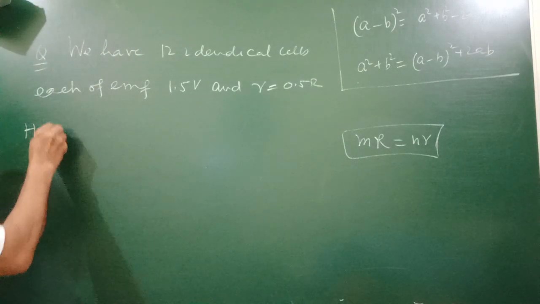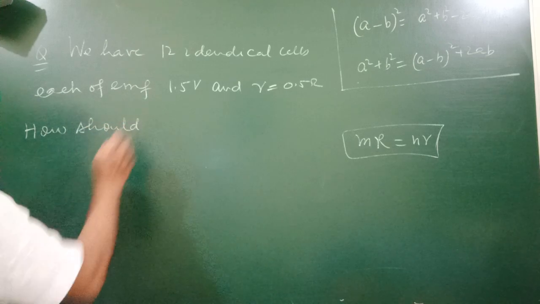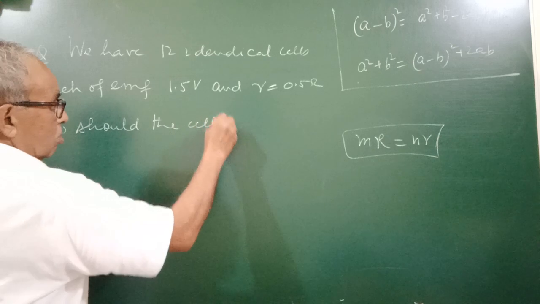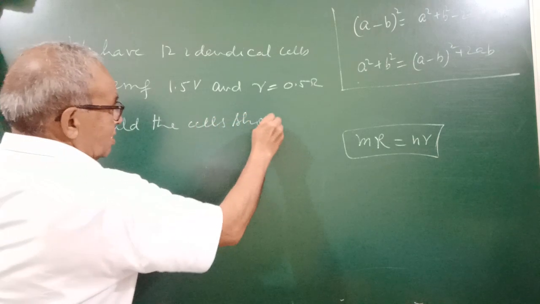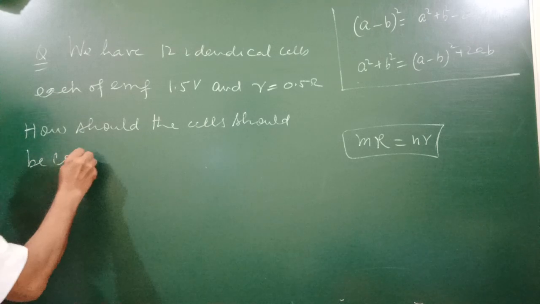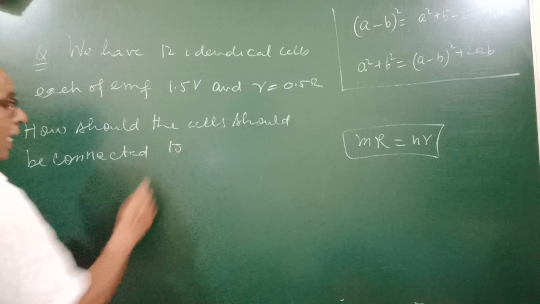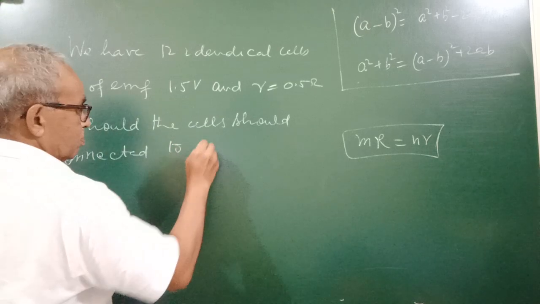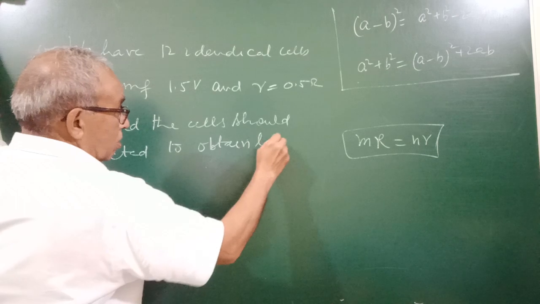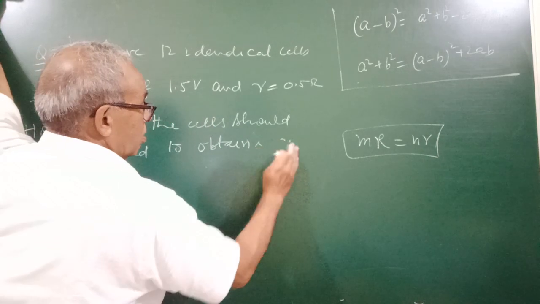How should the cells be connected to obtain large current or maximum current?